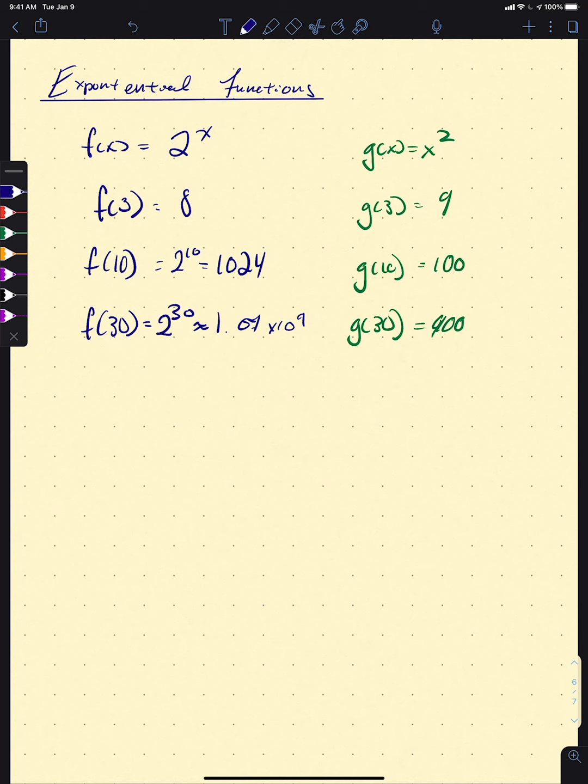So let's throw down our definition of an exponential function.